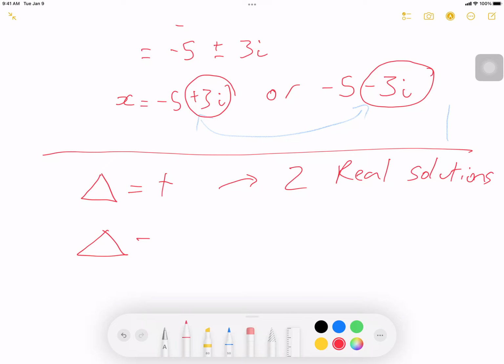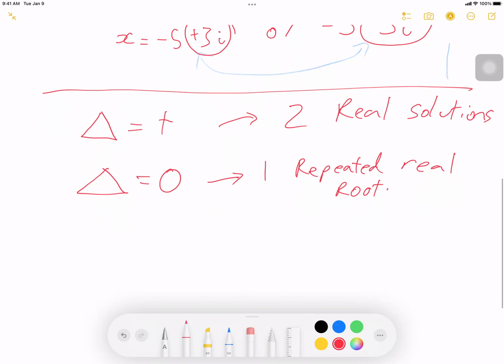If our discriminant is 0, then we get 1 repeated real root. So let's say that root was 3, then one of my two brackets when I factorize would have to be x minus 3.